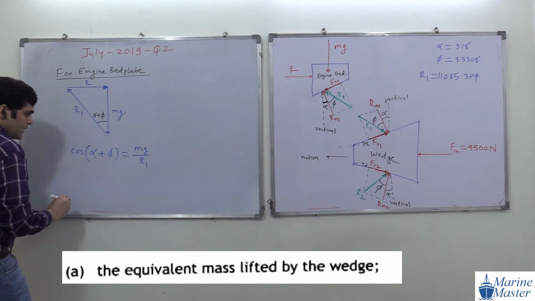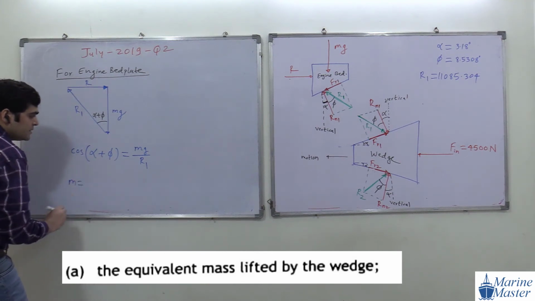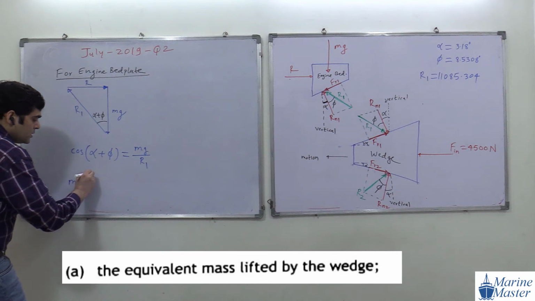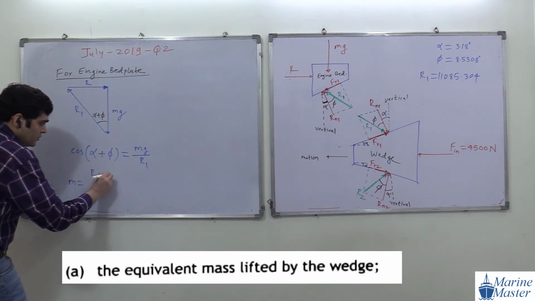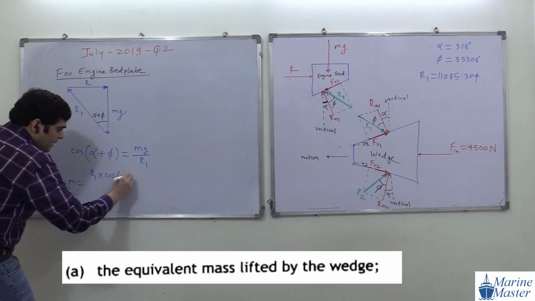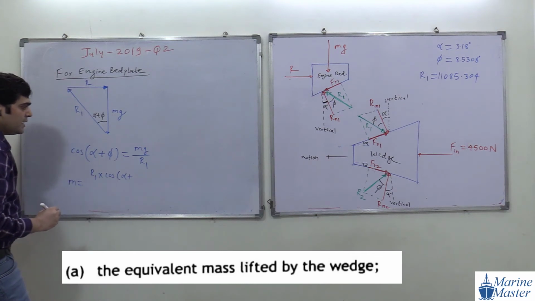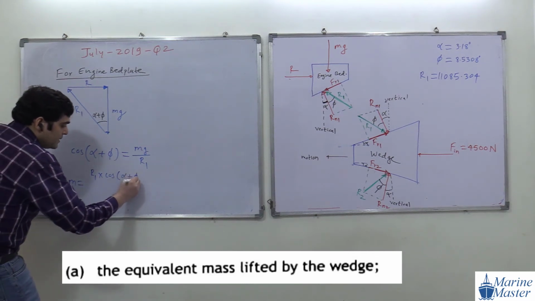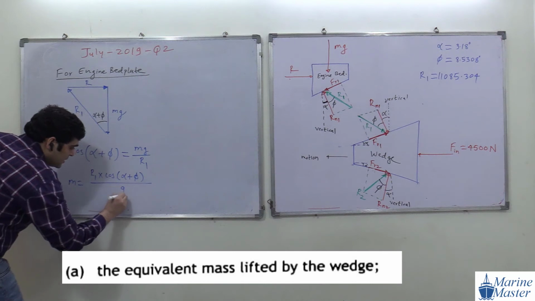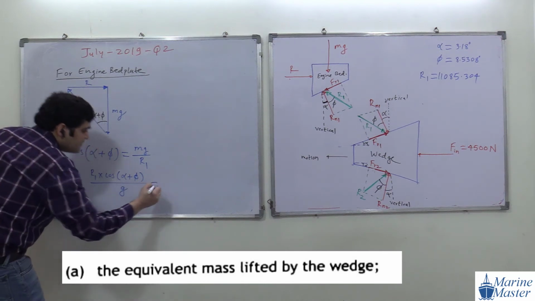So M will be equal to R1 into cos of alpha plus phi divided by g.